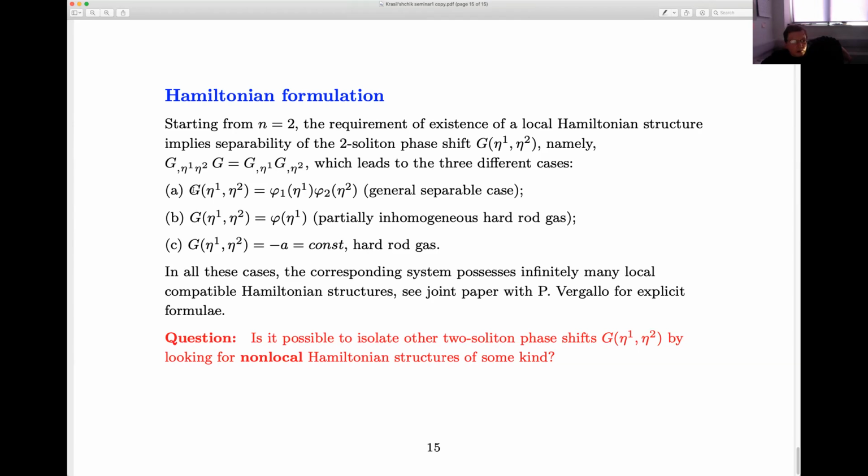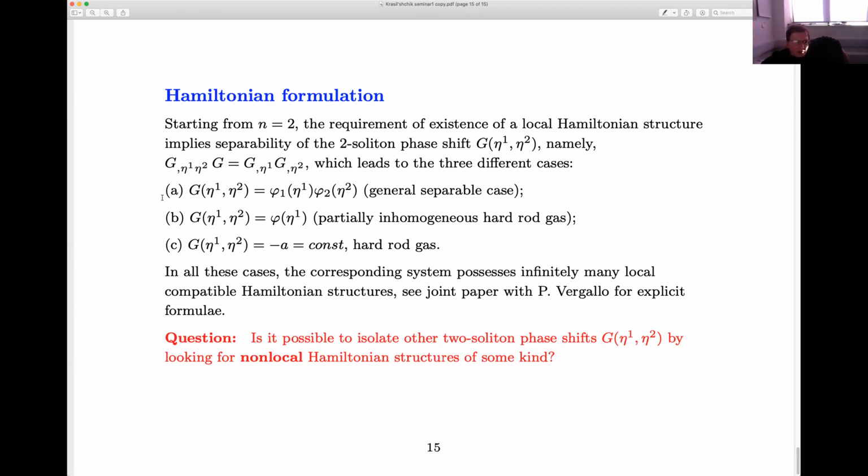I do not know physical applications of this general case, but remarkably, in the theory of kinetic equations for solid or gas, these last two cases are well known. Case C is called the hard rod case, whatever it means. And case B, this partially separable case, is called the partially inhomogeneous hard rod case. So these are known cases in the literature on this kinetic equation.